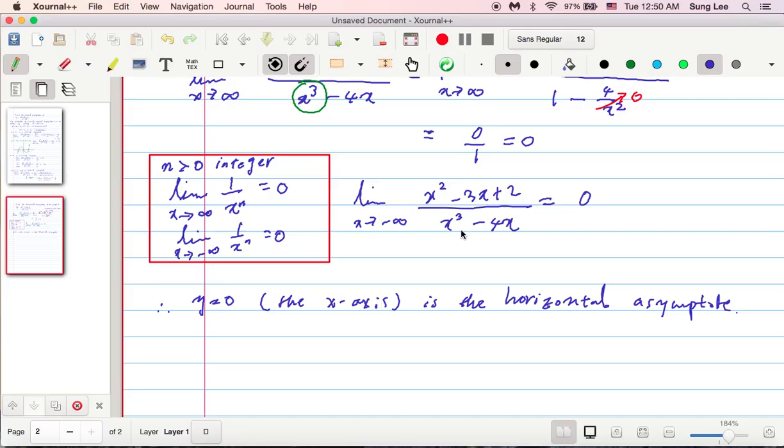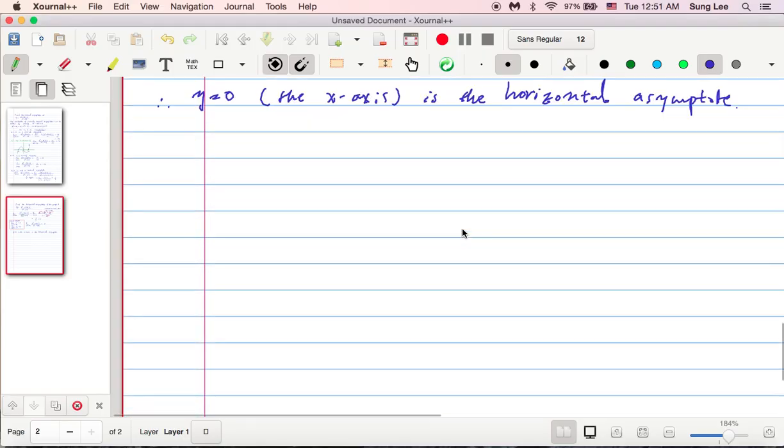But we are going to talk about them later on. Even using these two, the vertical asymptotes and the horizontal asymptote, we can make a brief sketch of the graph here.